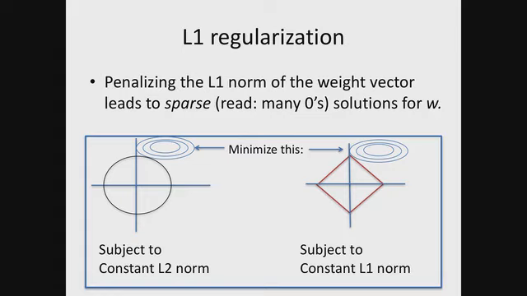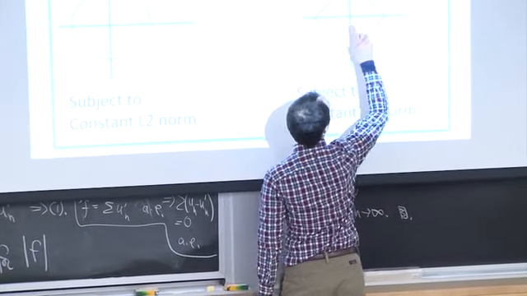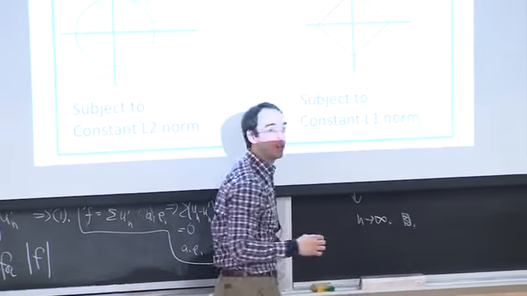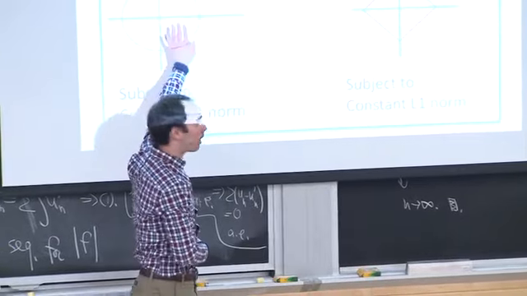So over here, the closest point is that one. And you'll see that this point has a non-zero W1 and W2. Over here, the closest point is over here. Notice that that has a 0 value of W1 and a non-zero value of W2. Thus, it's found a sparser solution than this one.